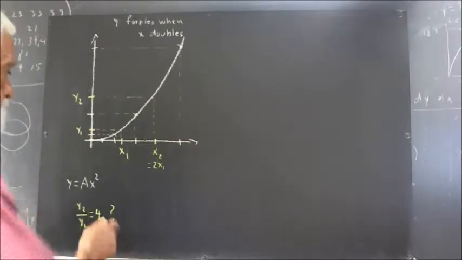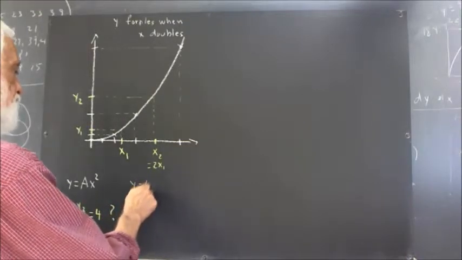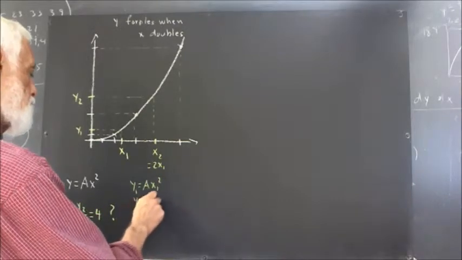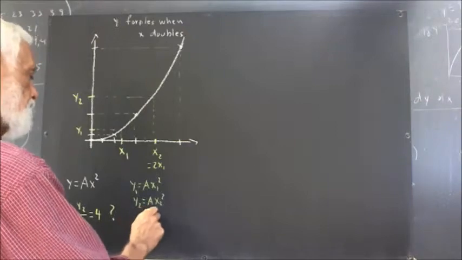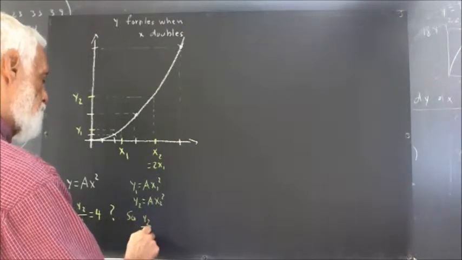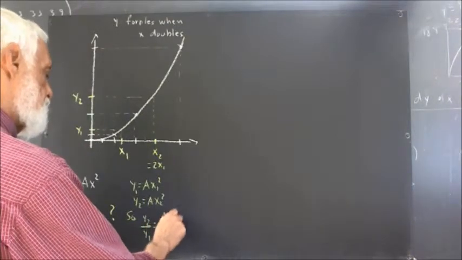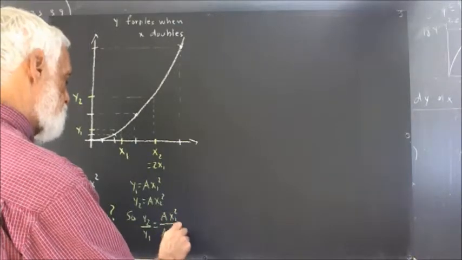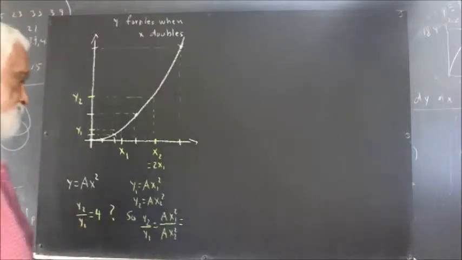Well, first of all, y1 equals a x1 squared, y2 equals a x2 squared. So y2 over y1 equals a x2 squared over a x1 squared.